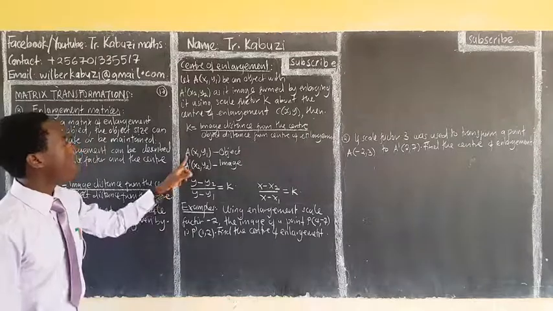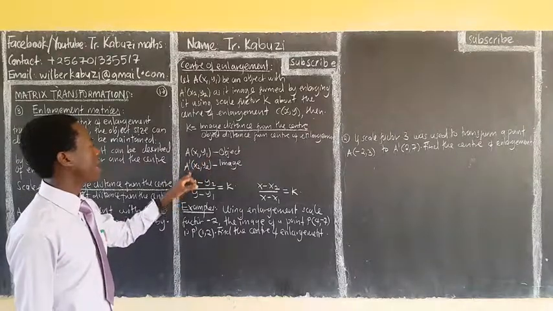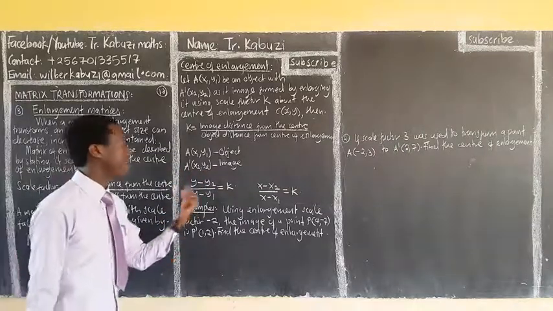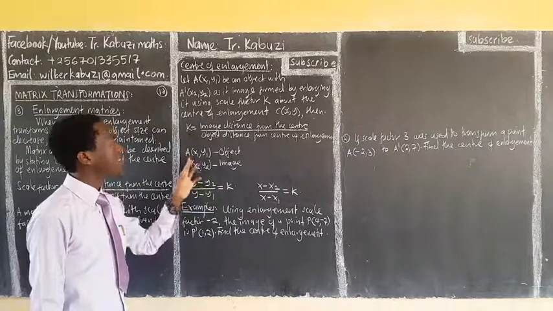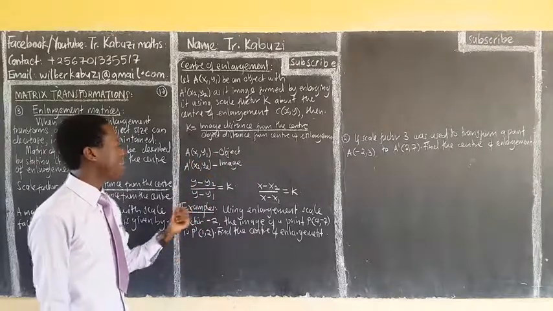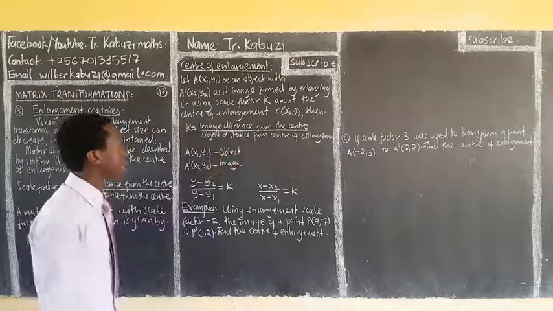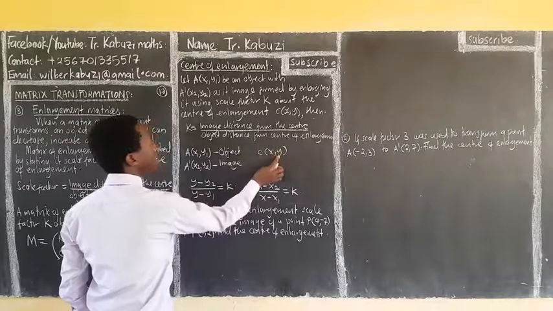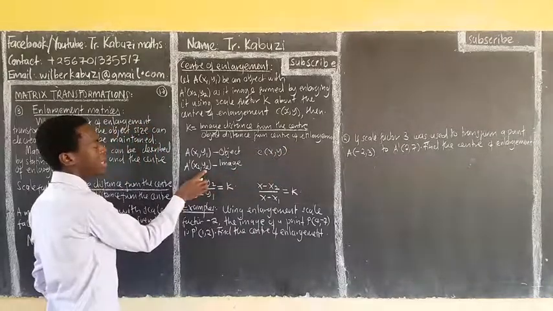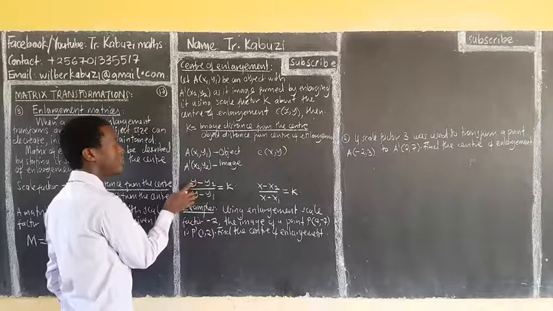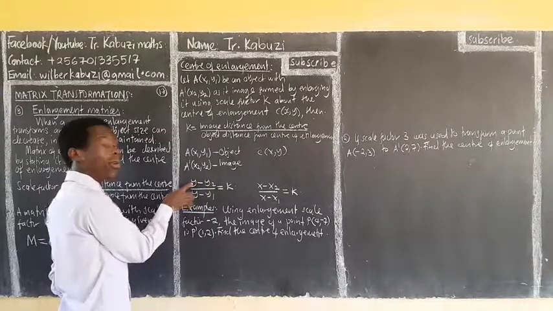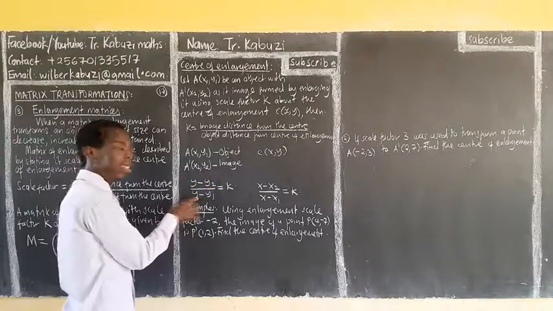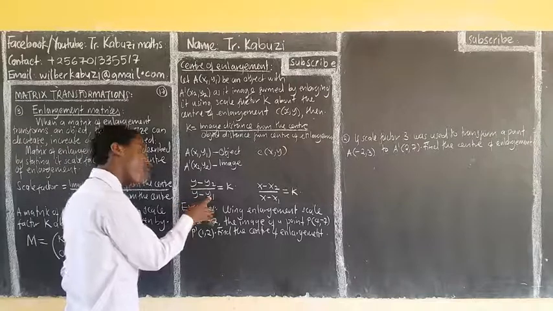Now, remember our A(x1, y1) is an object, then A'(x2, y2) is our image. To get the scale factor, I need the relationship between this and the center of enlargement. We always get the image distance from the center. So if our center C is (x, y), this is our image, that's why you get y minus y2: the coordinate for the center minus the coordinate for the image, over the coordinate for the center minus the coordinate for the object.